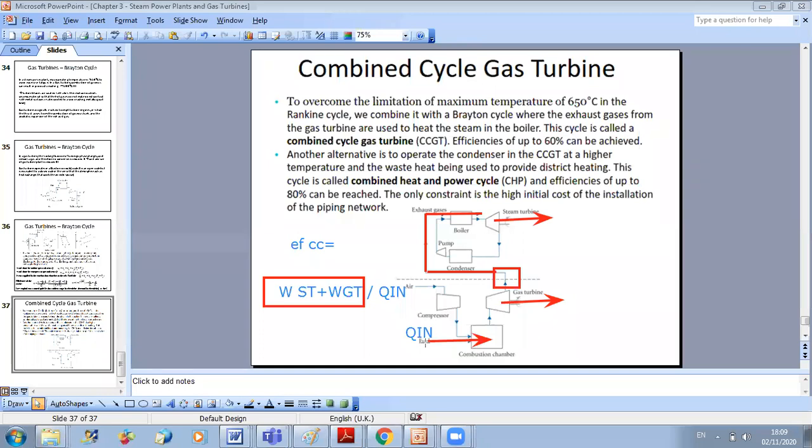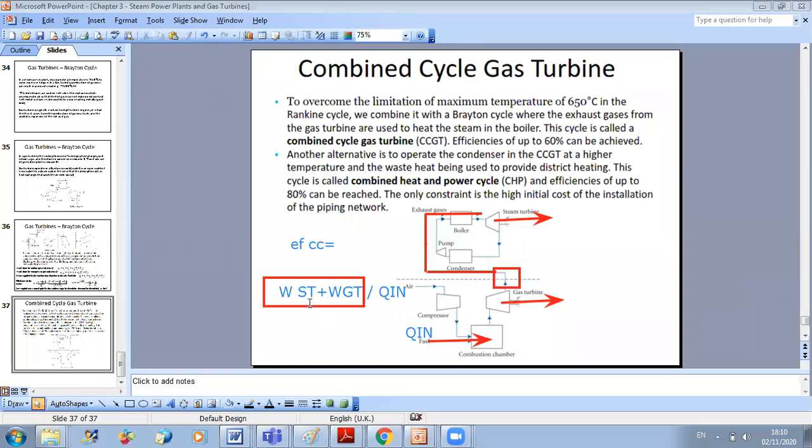Do we need to take into account the pump and the compressor powers? In general, when we say W turbine, we mean W net, because we subtract the work in.